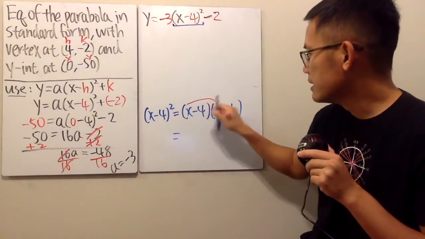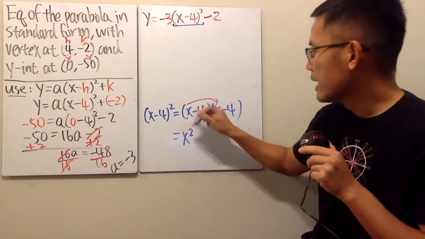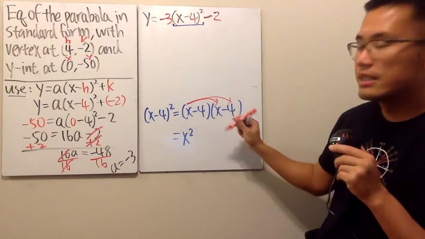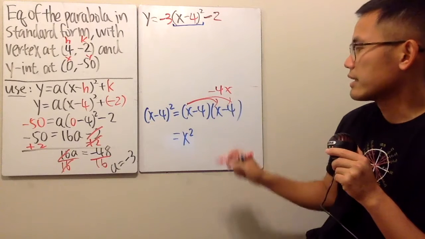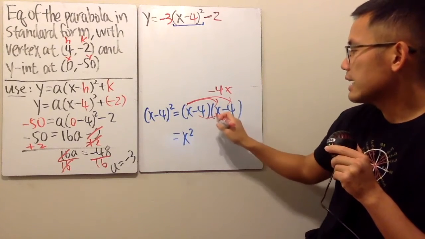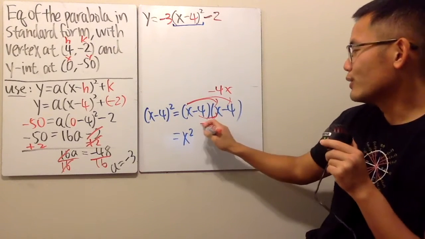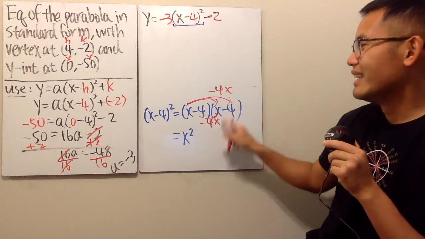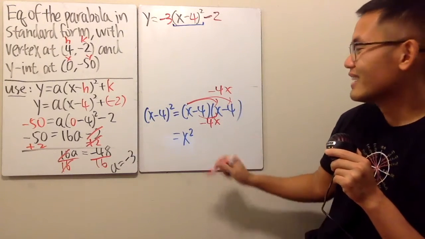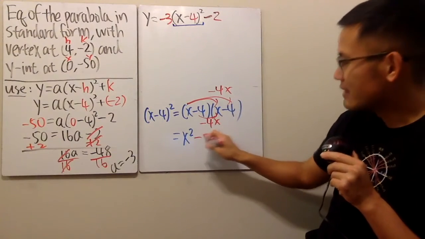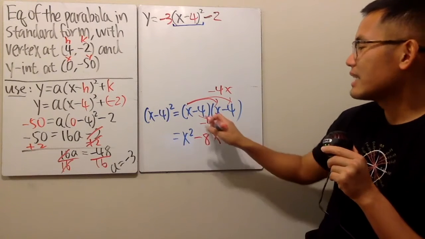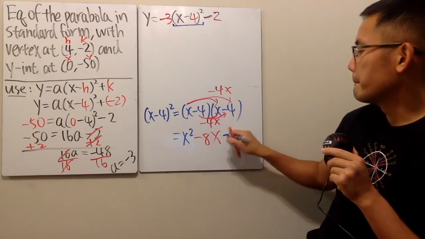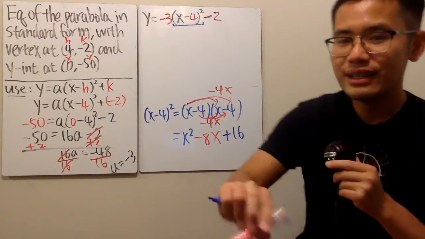Well, this times this, we get x squared. This times this, we get -4x. Then, this times this, guess what? It's also -4x. This and that, we can combine like terms. So we end up with -8x. Lastly, this times this, we get plus 16.